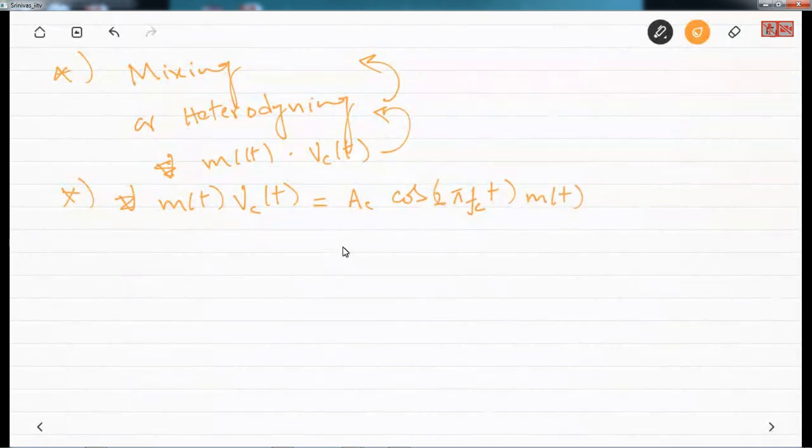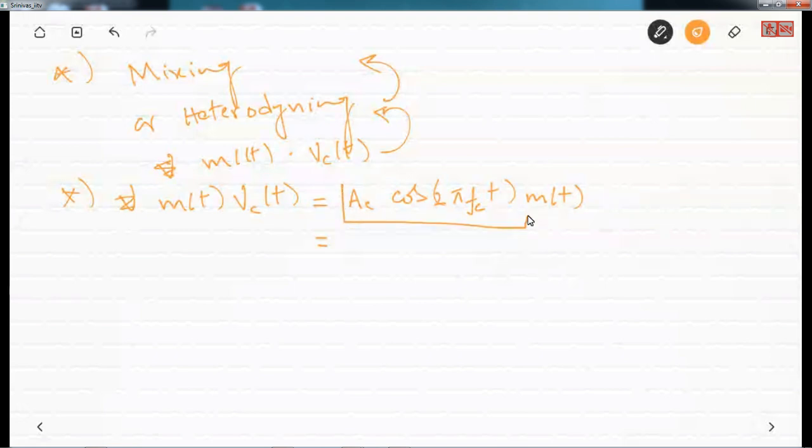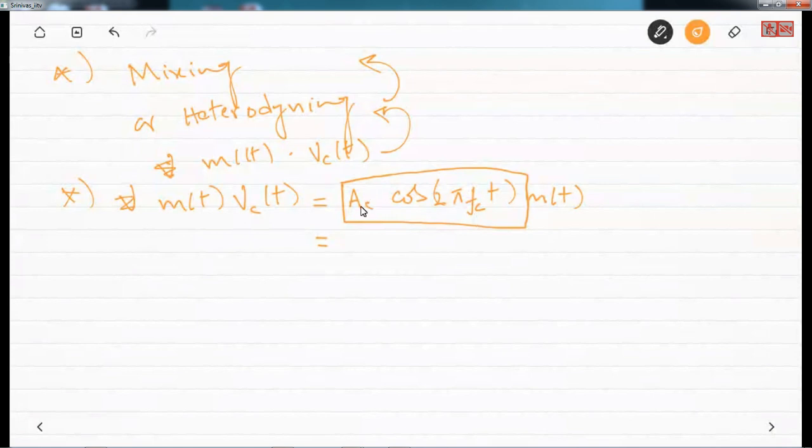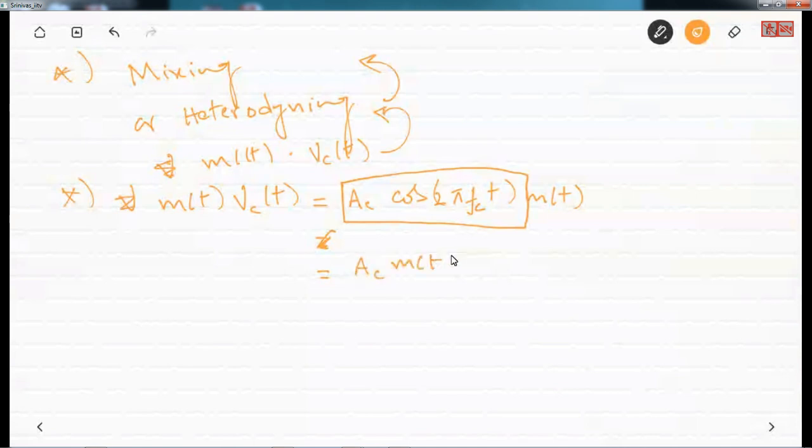Previously, vc of t is only a sinusoidal signal with frequency fc and a peak amplitude of Ac. Now after multiplying, its amplitude is getting changed to Ac m of t cos 2 pi fc t.